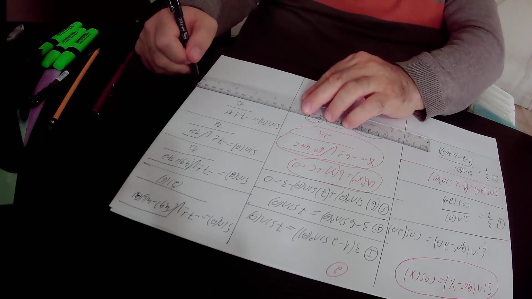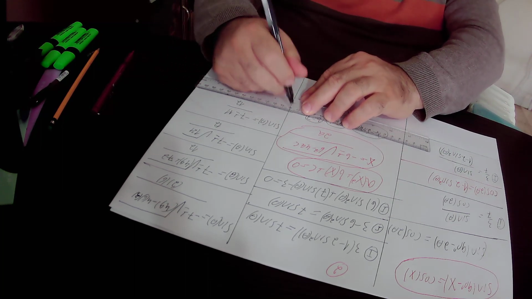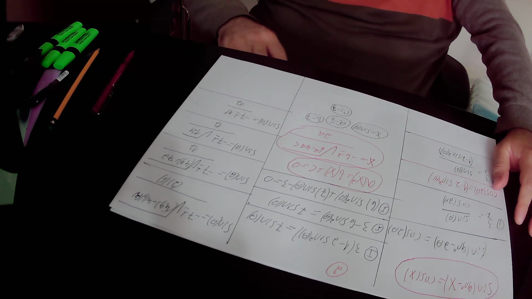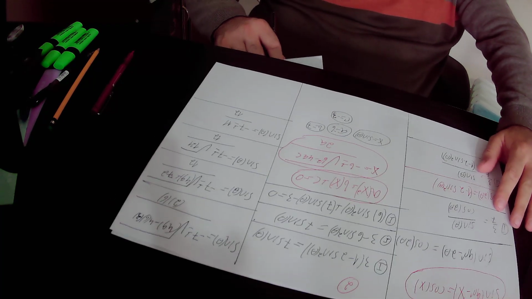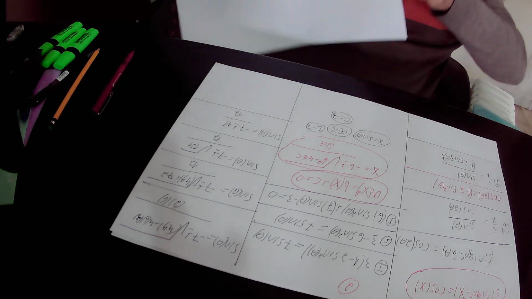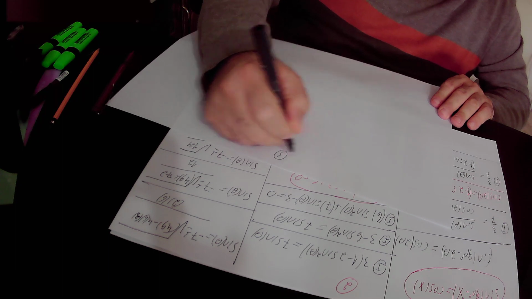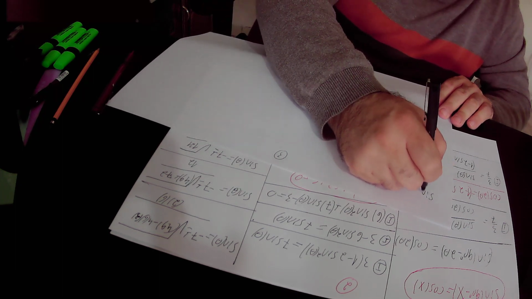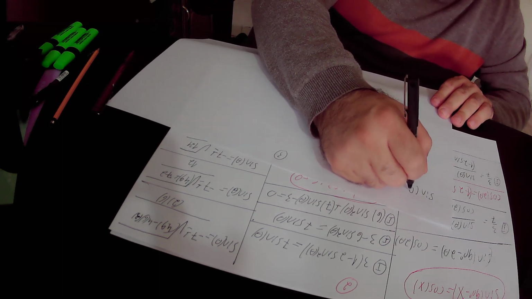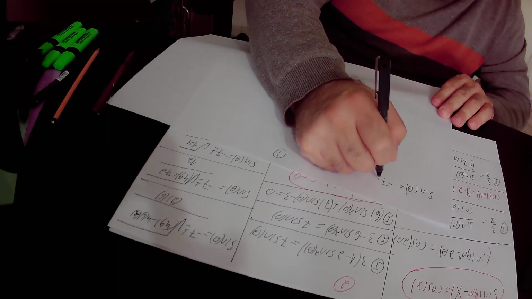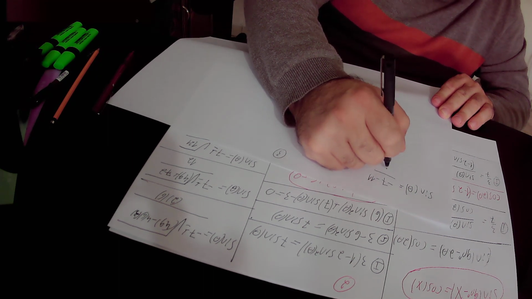So here we will have two solutions that are possible for sine theta. The first solution for sine theta is that sine theta is equal to minus 7 minus 11 over 12.